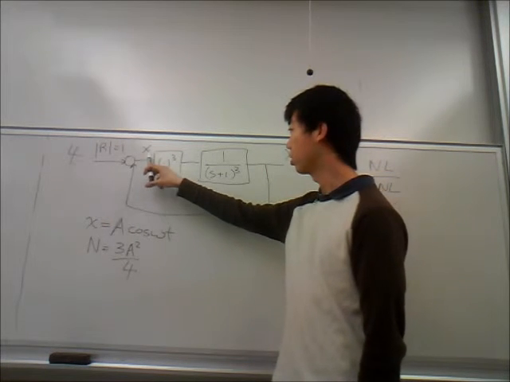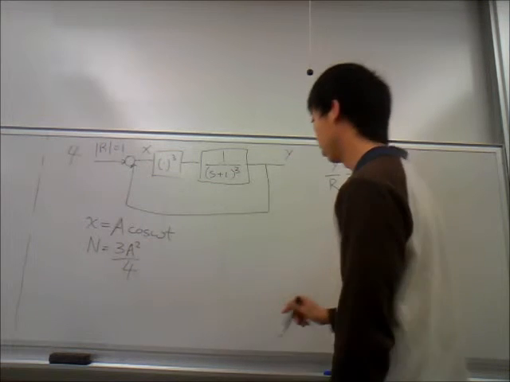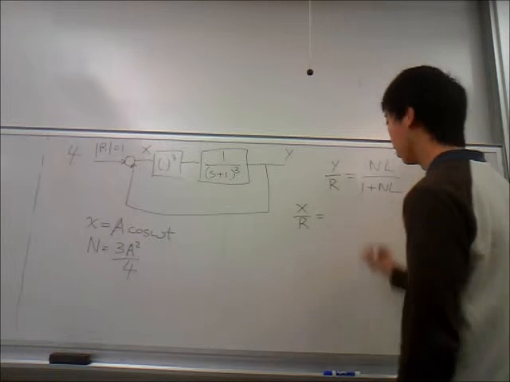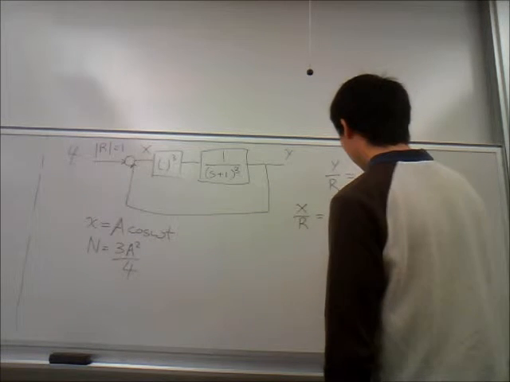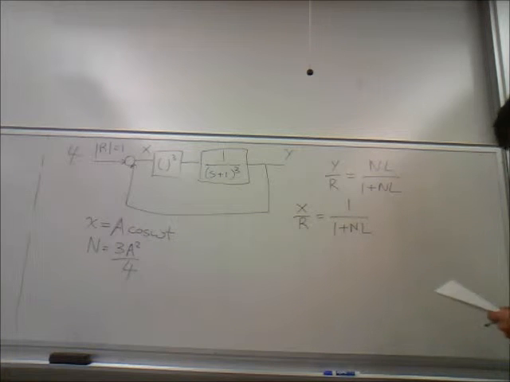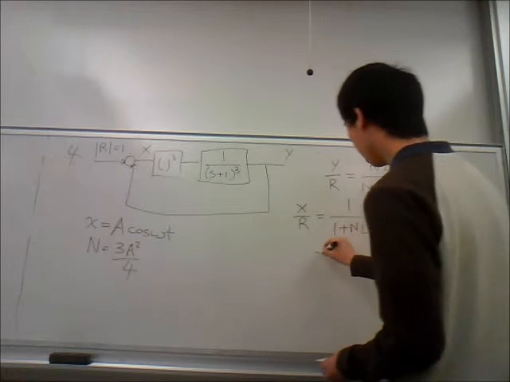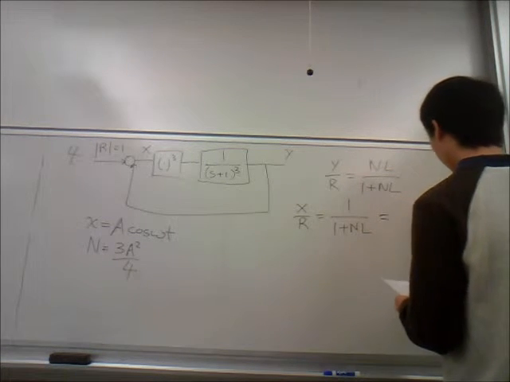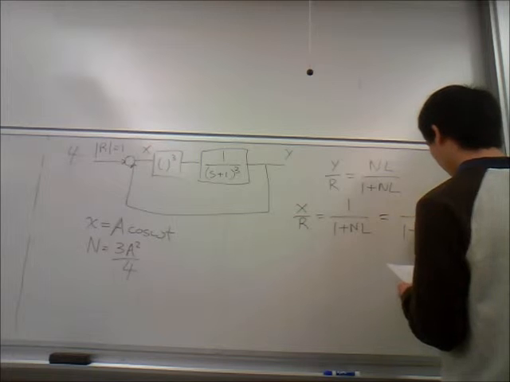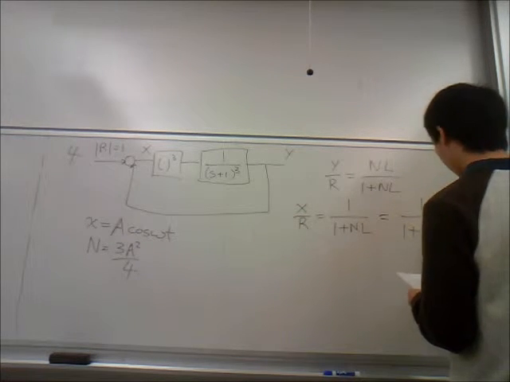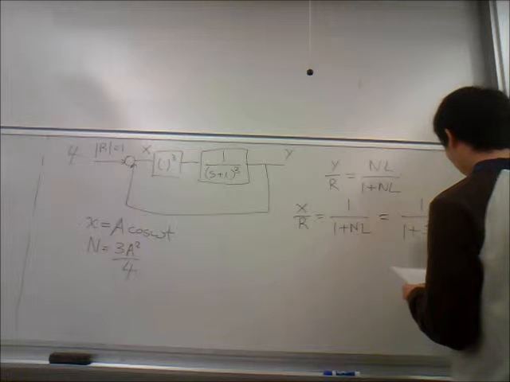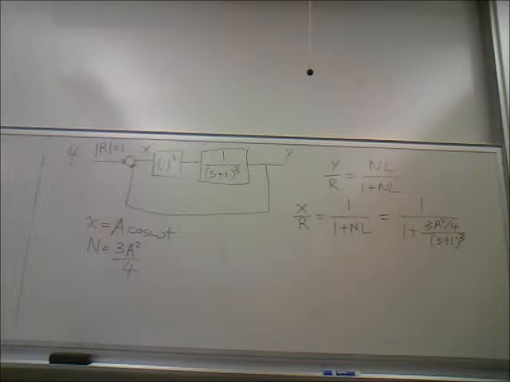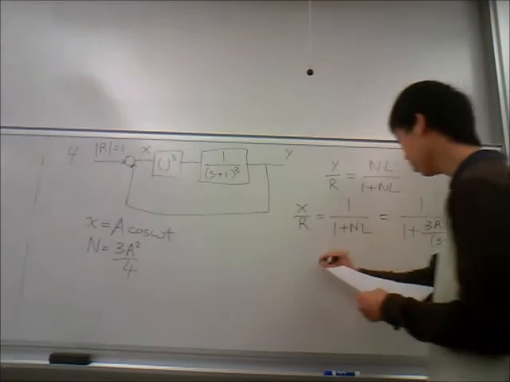first we need to write the transfer function from r to x. That is just 1 over 1 plus NL. We could substitute the stuff in. It's 1 over 1 plus 3a squared over 4 over x plus 1 cubed.